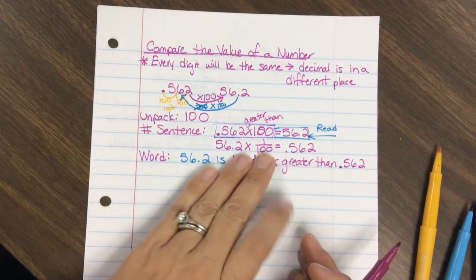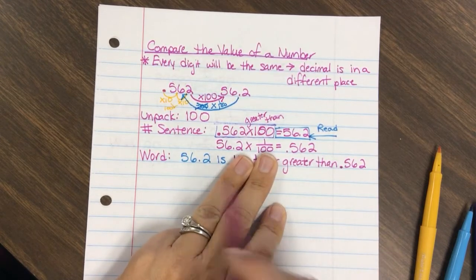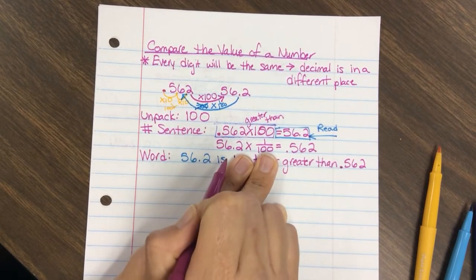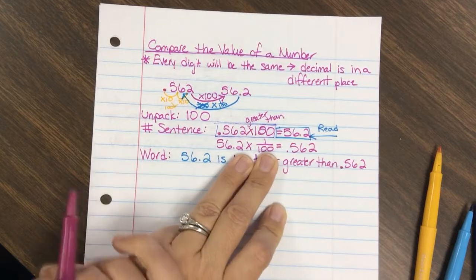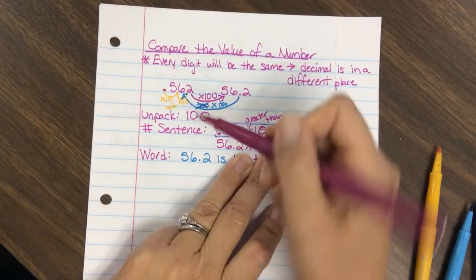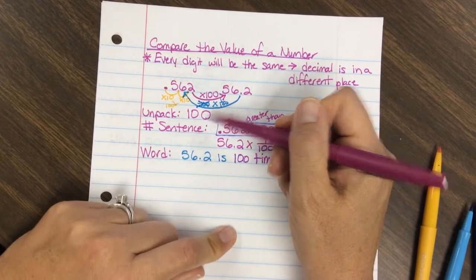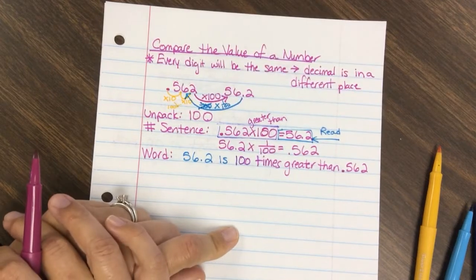Remember, cover up 100 times. 56 and 2/10 is greater than 562 thousandths. Well, by how much? Our unpacked number, 100 times greater.